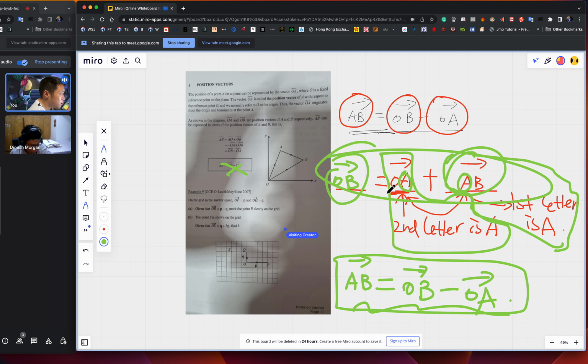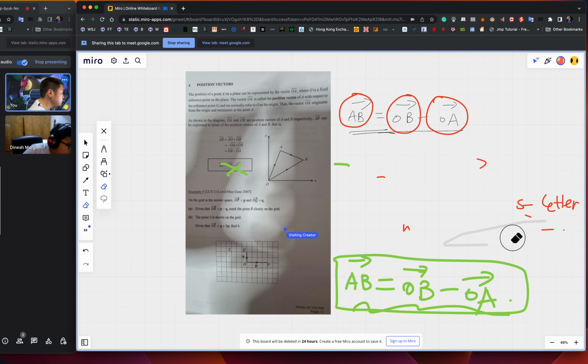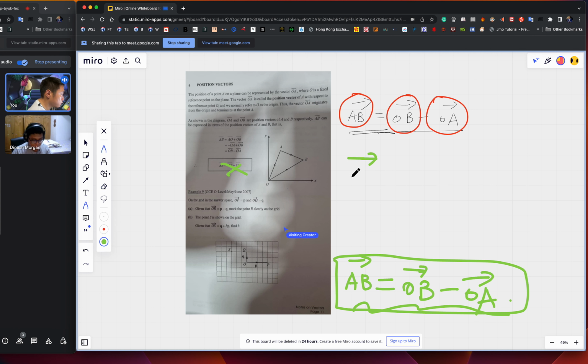This is what I call doing it mathematically. If you do it in a diagram, for the just now, that is OB equals OA plus AB.